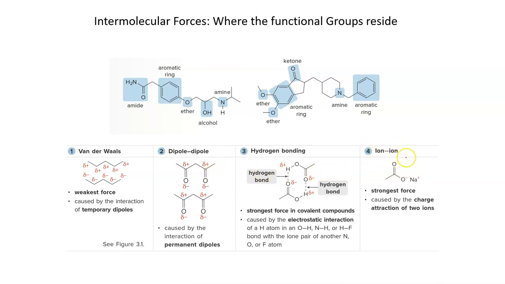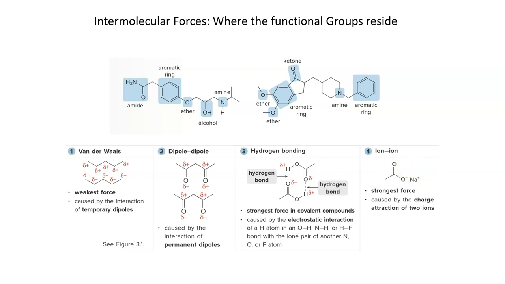And finally, we have ion-ion bonds. So if we have full total negative charges and full positive charges, this is one of the strongest intermolecular forces that is not a covalent bond. These are strong, and this is kind of the order from strongest on the right to the weakest on the left in terms of how they contribute to these things sticking to each other. So the stickier they are, the more interactions they have, the stronger those interactions, the harder they are to pull apart and boil, for example, or the better that they dissolve within waters that have similar types of intermolecular force interactions.